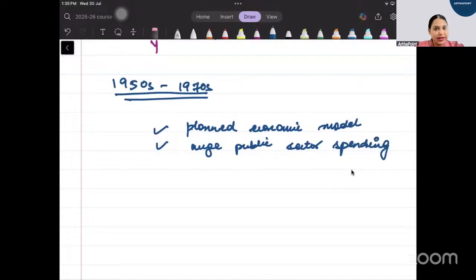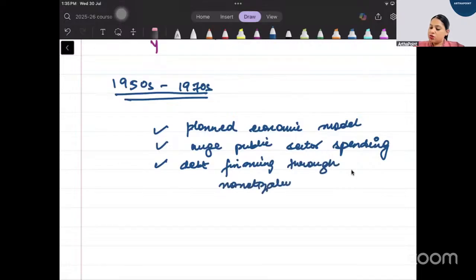As we know from the lecture on the Reserve Bank of India, the relation between Treasury and Central Bank, in this period the central bank had only one job: debt financing through monetization of debt.